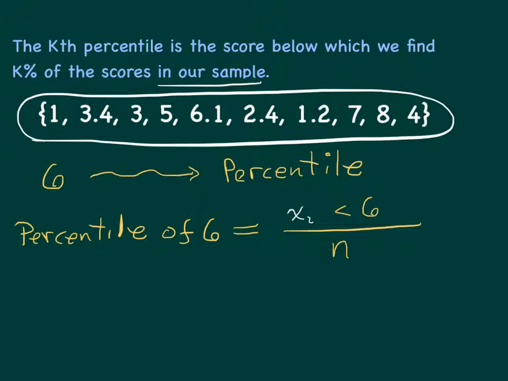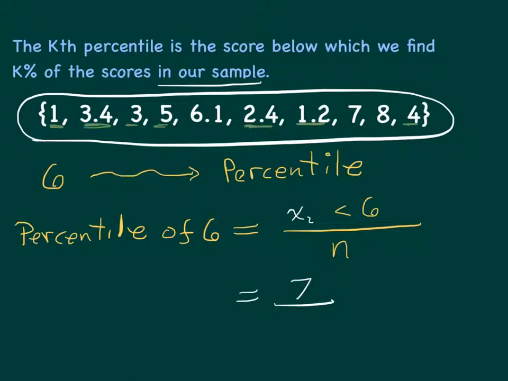We need to know how many scores in the sample, or the numbers in white, are strictly below 6. So we can just highlight them quickly. All right, it seems like we have 1, 2, 3, 4, 5, 6, 7 scores in the sample that are strictly less than 6. So in the top we would put a 7.